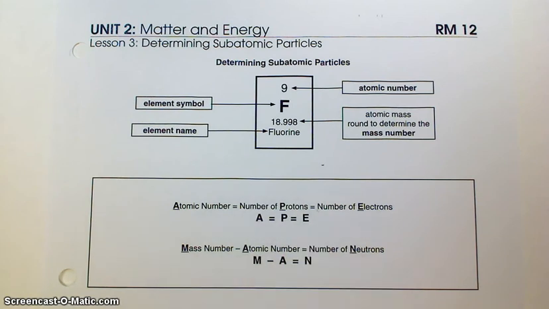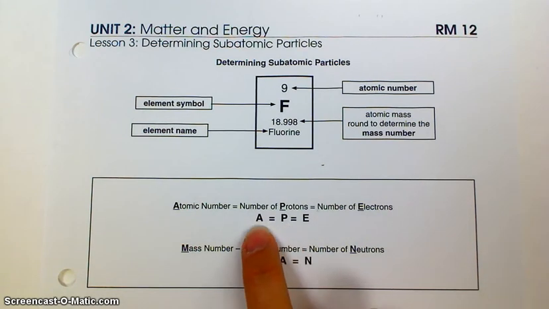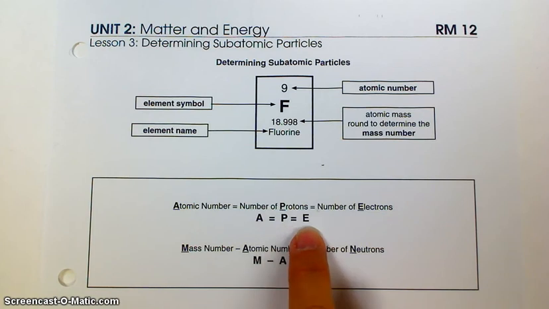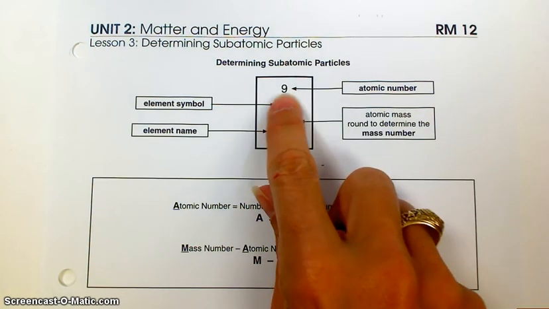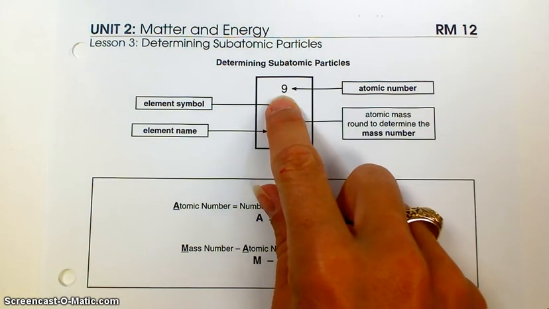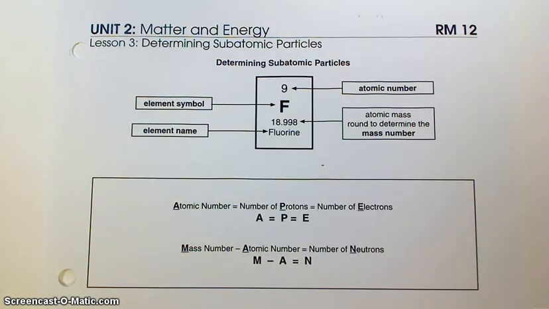And remember, the rule is, unless I tell you differently, or unless the information that you're given tells you differently, assume that the atom is neutral. Okay? So atomic number equals number of protons equals number of electrons. So you look up here, the atomic number is 9. That means that there are 9 protons. And as long as fluorine is neutral, that means that there are 9 electrons also.